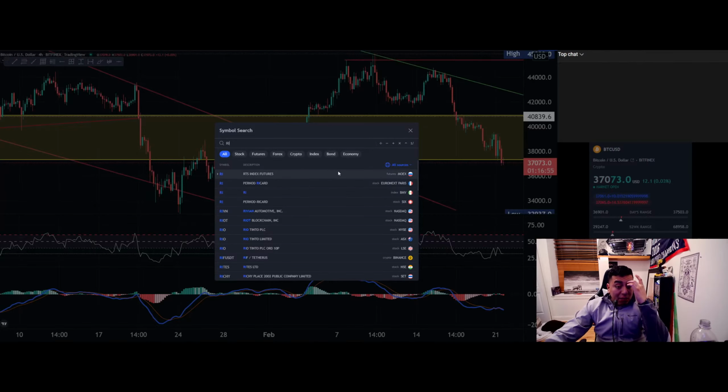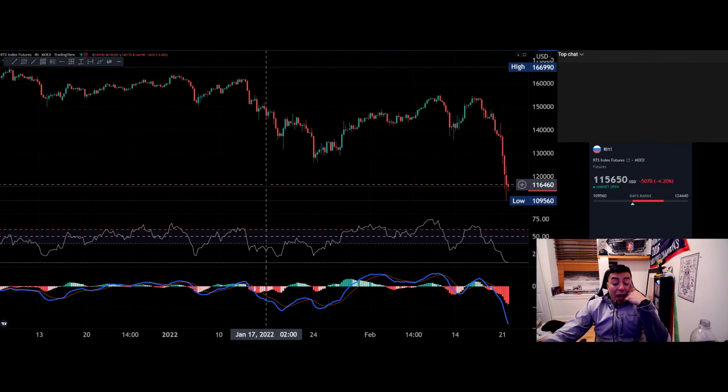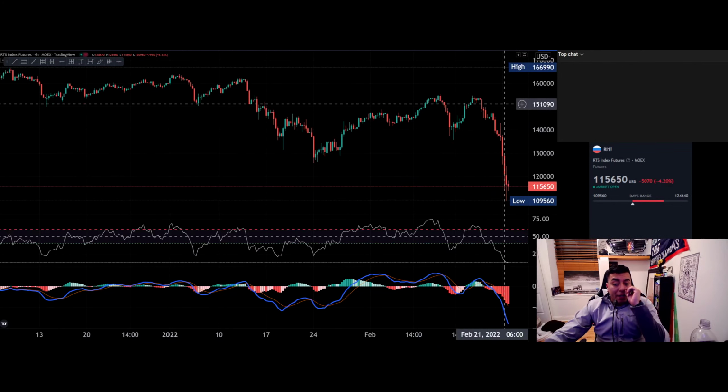Is it this one? Yeah, here we go. Russia index futures, current contract in front. Yeah, it's not looking good today.